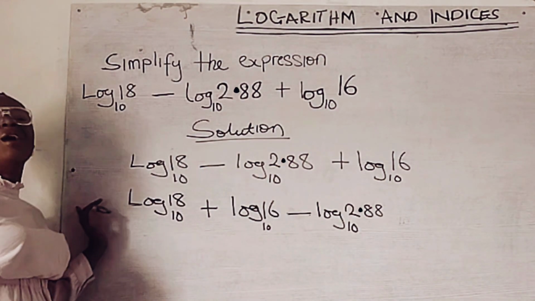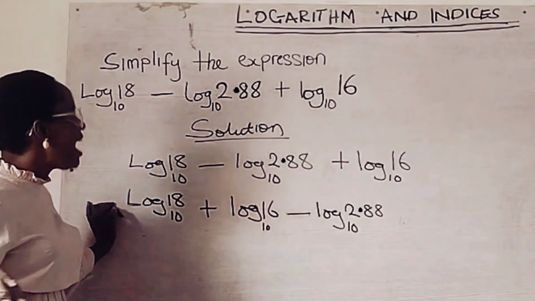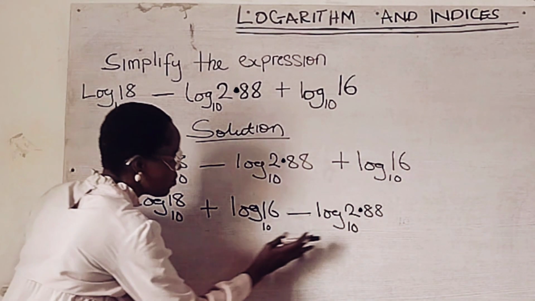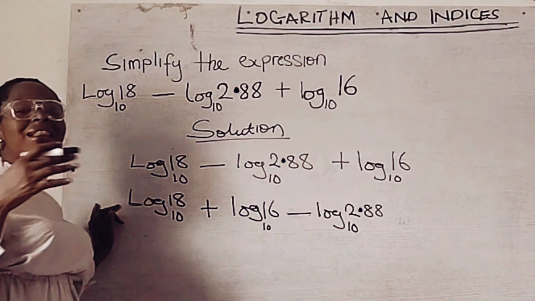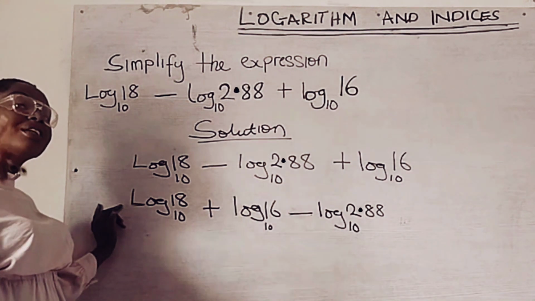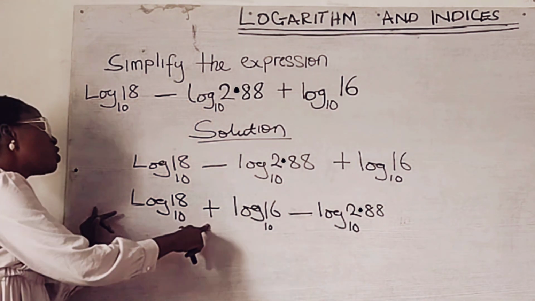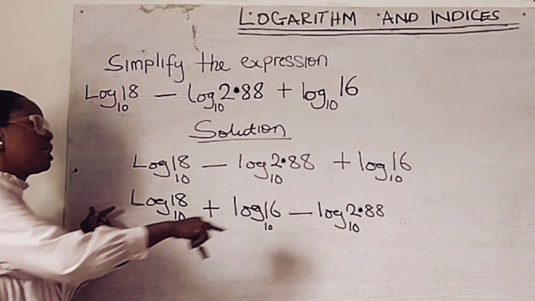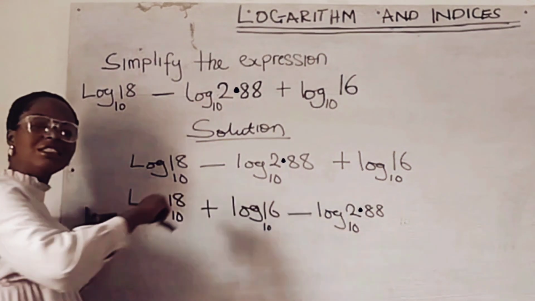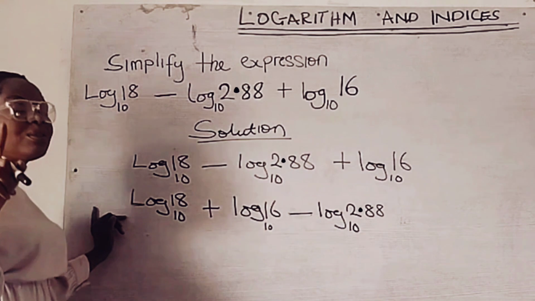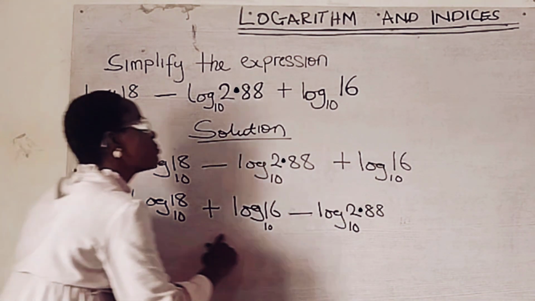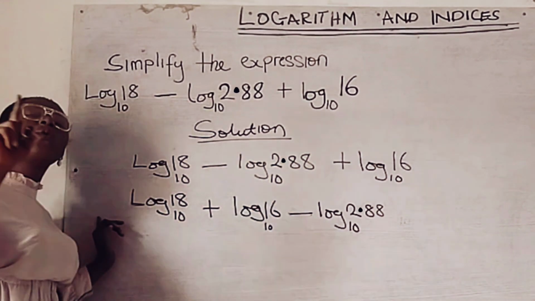What do I do next? I will apply the laws of logarithm. And what are the laws of logarithm? The laws of logarithm tell us that plus will change to multiplication and minus will change to division. Before I do that, I'll first of all express these numbers with one log.